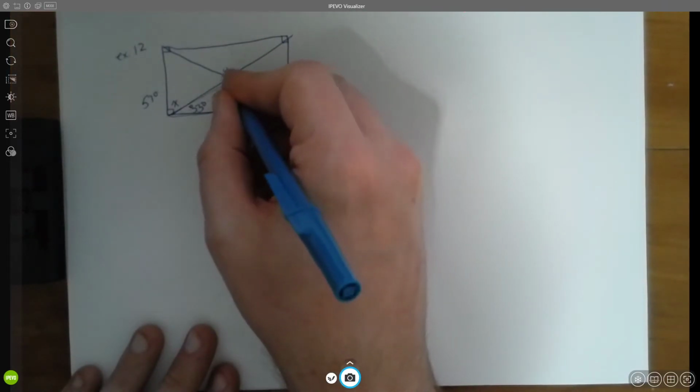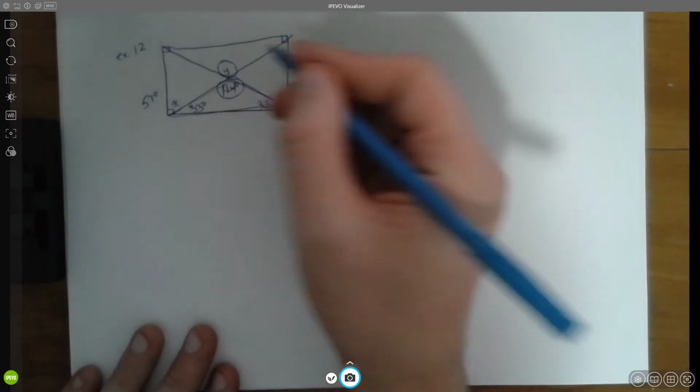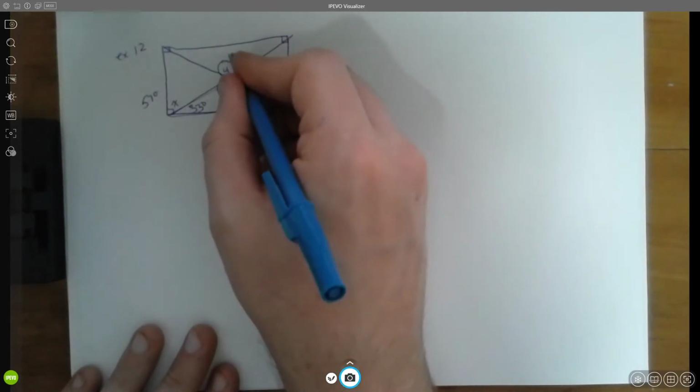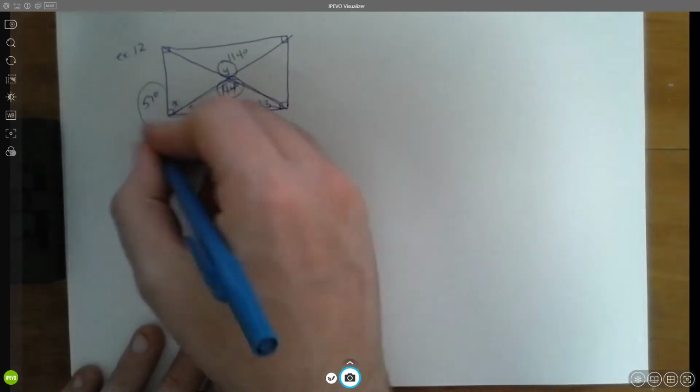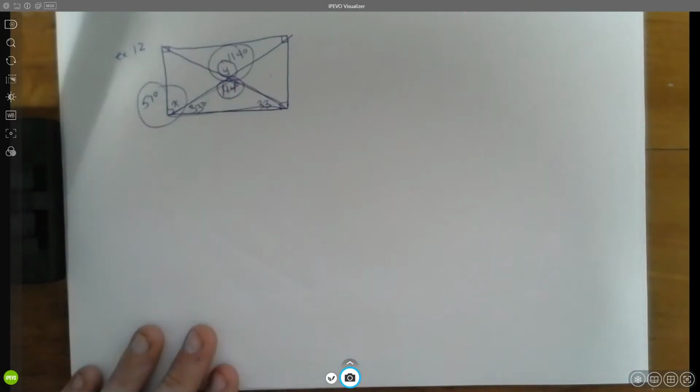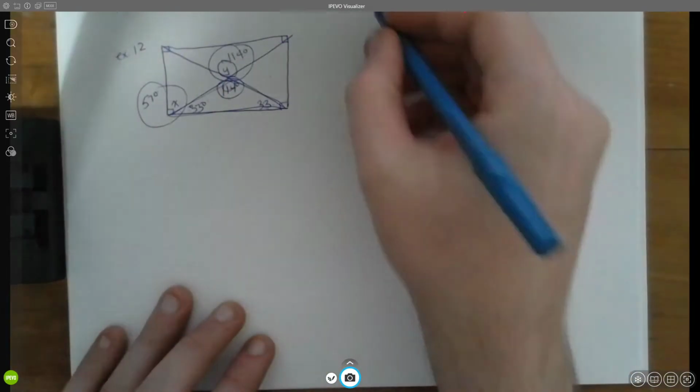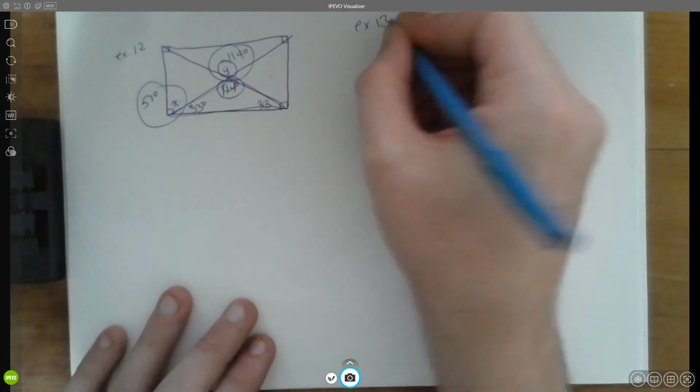And if this is 114 degrees, this is the opposite angle to that, which means that that also has to be 114 degrees. So our x is 57, our y is 114. Let's take a look at example 13 now.